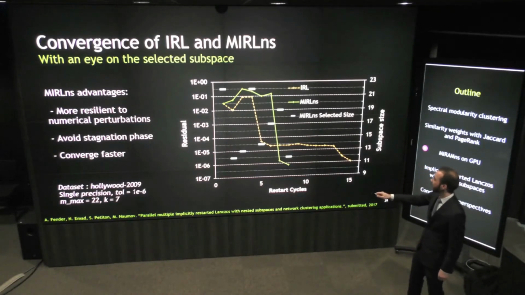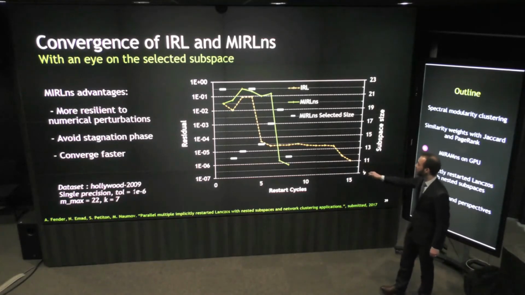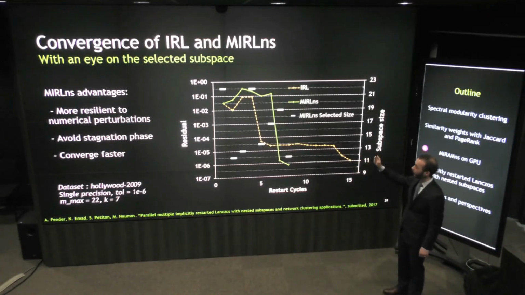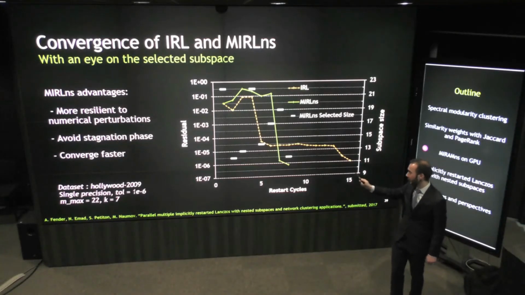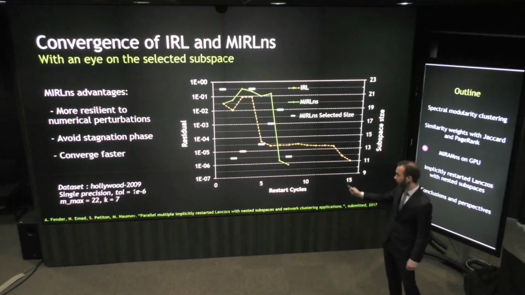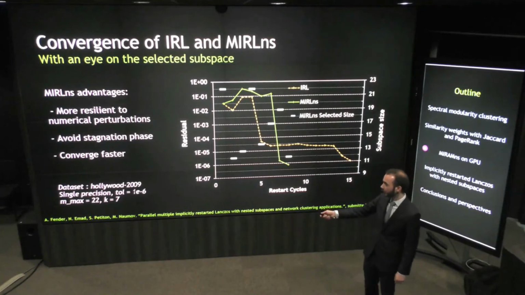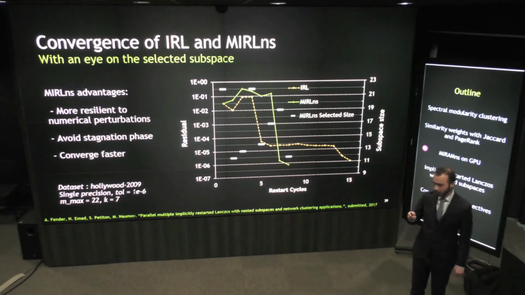But in the long term, we can see that the regular Lanczos starts to stagnate, which is very common in Krylov methods, while the auto-tuned version at some point found a very good subspace that has the eigenvalues we are looking for, and we reach the precision we want much faster. And for this example, the number of eigenvalues we are looking for is 7, and the subspace size is 22, and this is on our largest data set.